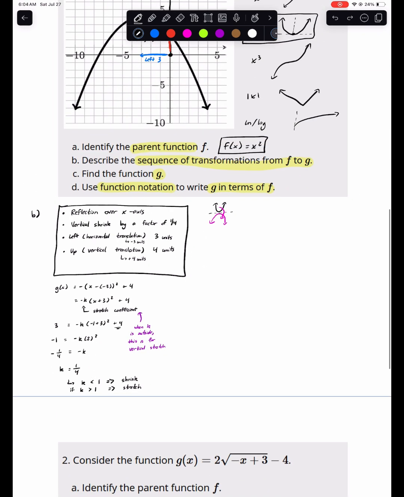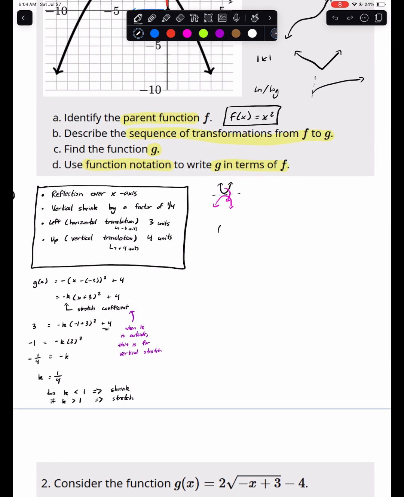I said that we started with f of x, and if we go in order, reflection across the x-axis is negative f of x. And then a shrink, so negative 1/4 f of x. And then left 3 gives you this, and then up 4 gives you this.